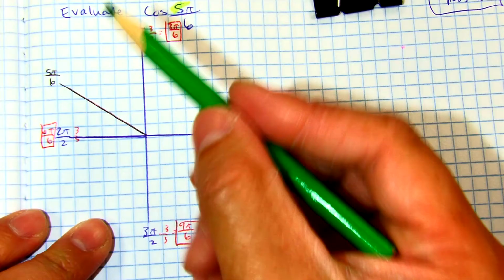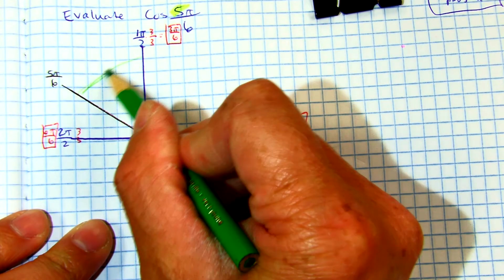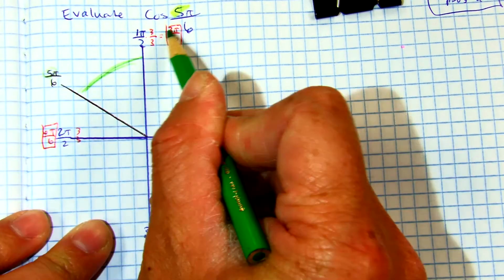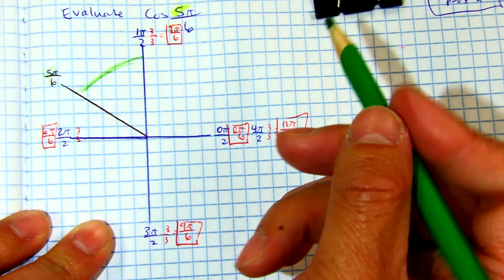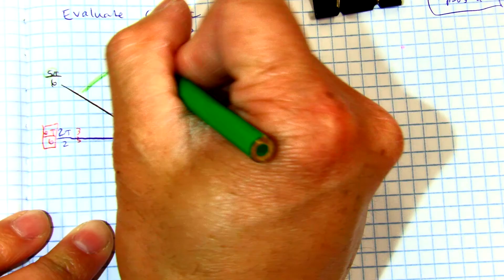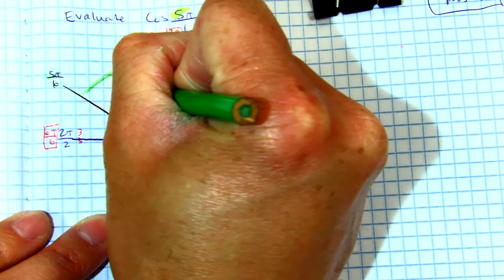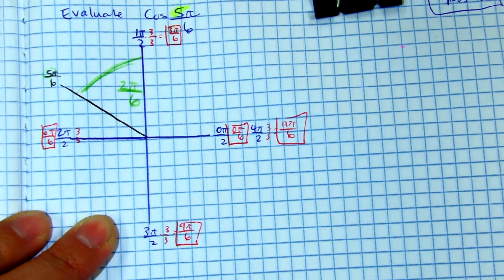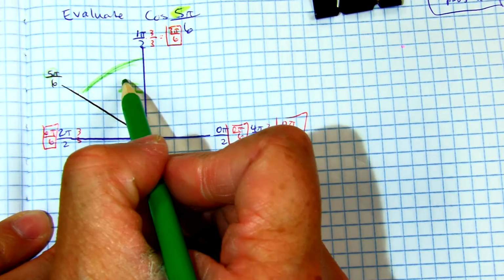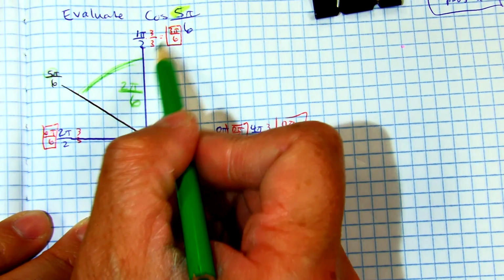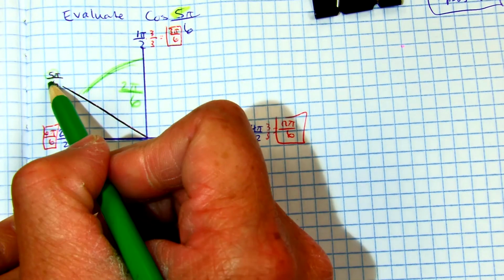Class, this distance is the distance between 5 and 3. What's that distance, class? 2π over 6. Think about it: 2π over 6 plus 3π over 6 gives me 5π over 6.